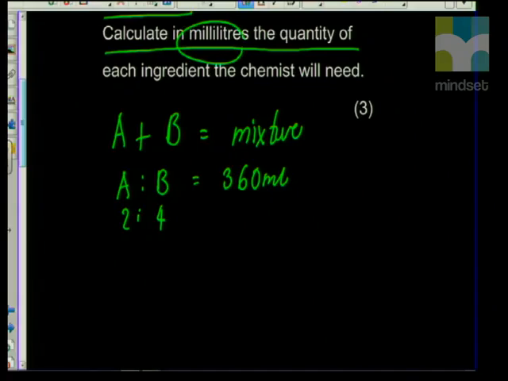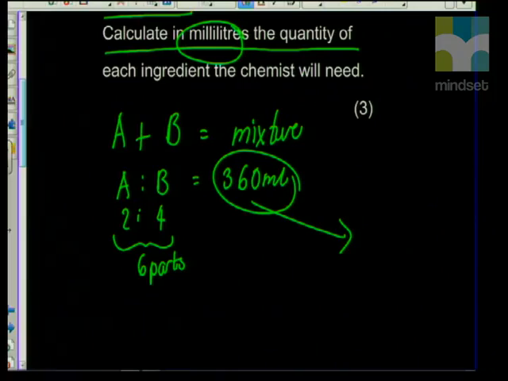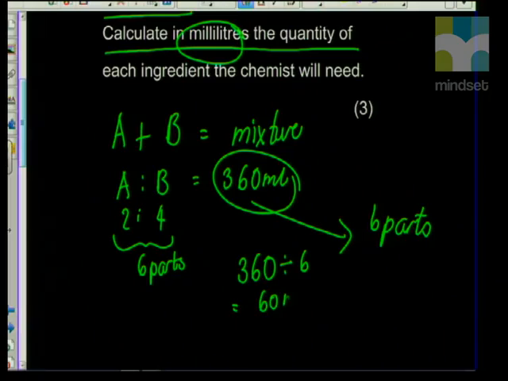Okay, so our answer needs to be in milliliters. We know the total is 360 milliliters. We need to first work out how many parts there are. If I say 2 plus 4, I get 6 parts. And I need to now share this into 6 parts. If I say 360 divided by 6, I will get 60 milliliters.